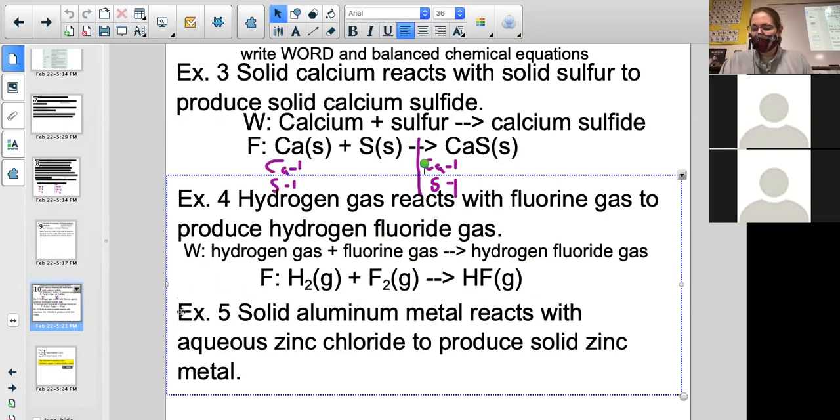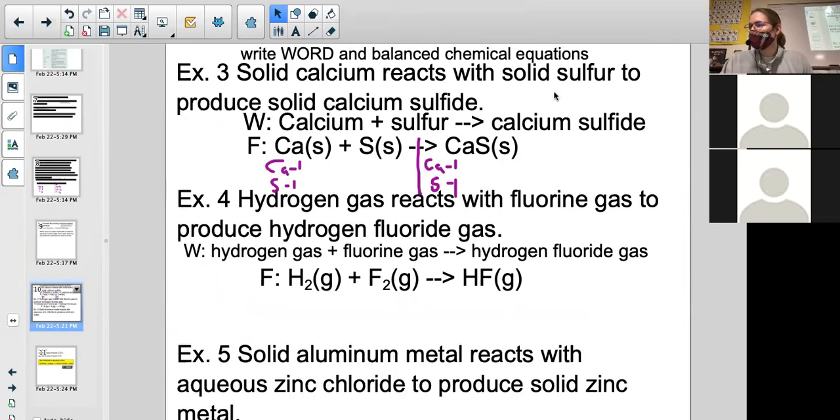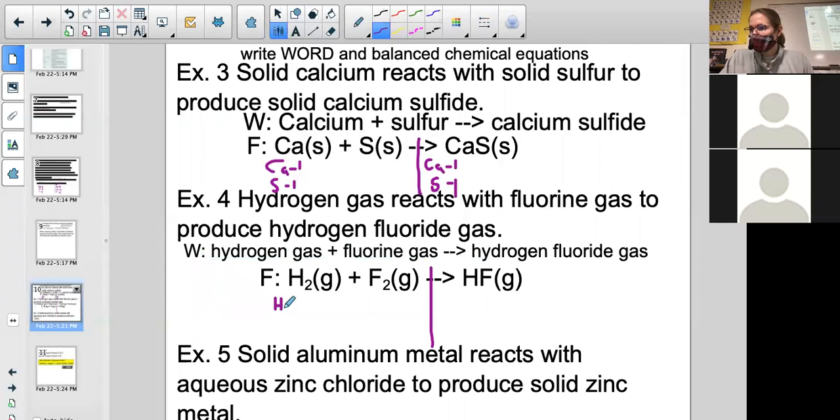Okay, so now we have to see if this is balanced. I'm going to get a pen and do some inventory. How many hydrogens do I have? How many fluorines? I come over here. How many hydrogens? 1. And how many fluorines?